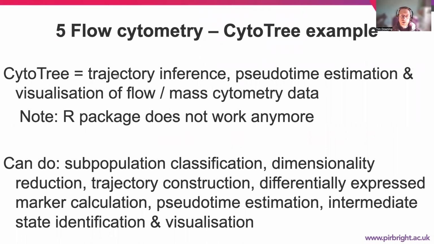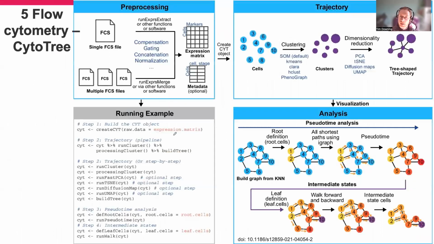So that's an example that looks at trajectory for changing patterns over time. It looks at visualizing flow and mass cytometry data, and it can do a range of different features like dimensionality reduction and so on. What we're mainly looking at it for is an illustration of the steps.